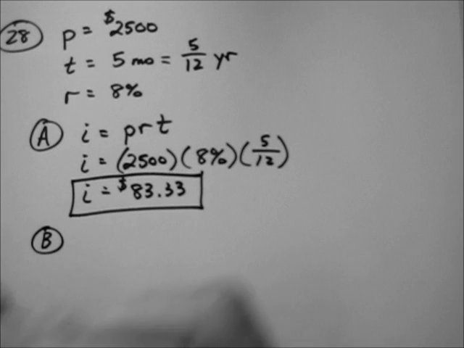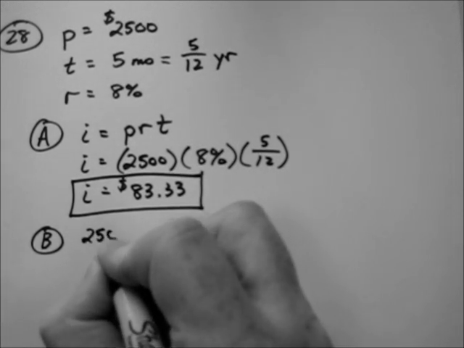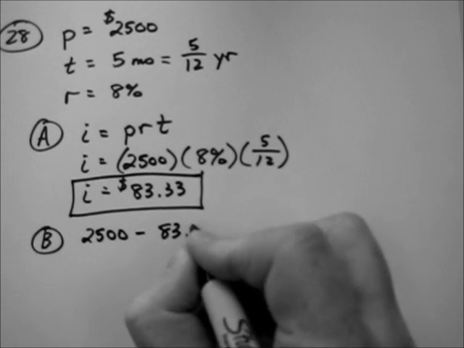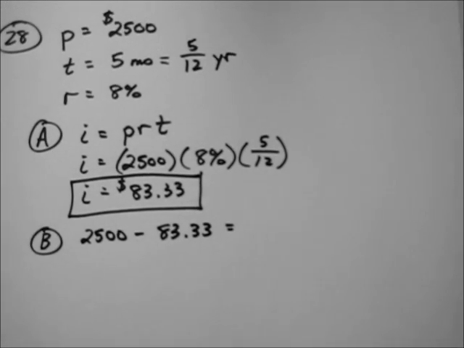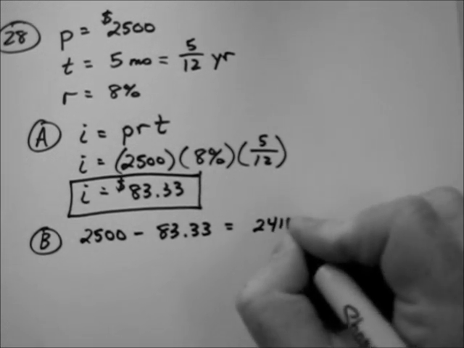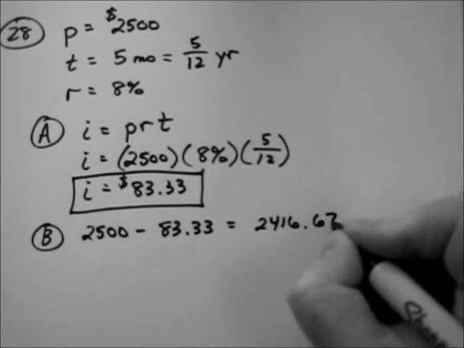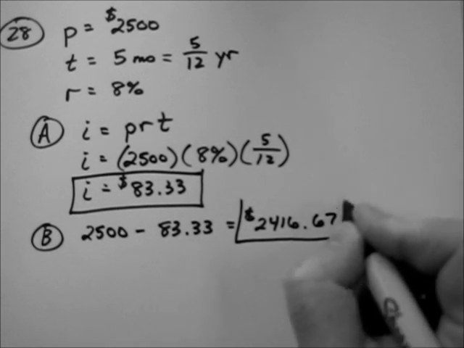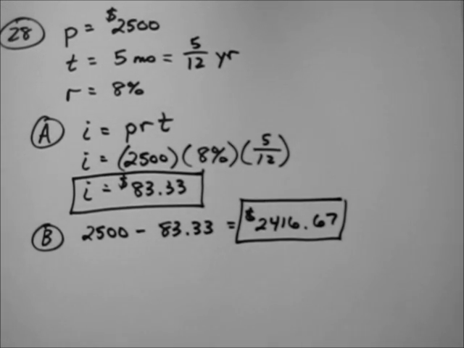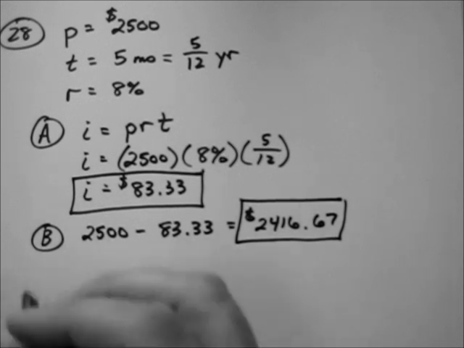So the amount that he will actually receive from the bank and take home would be the difference between the principal and the interest. So $2,500 minus $83.33 is $2,416.67. That's the answer to part B. Part C asks what's the actual rate of interest he paid.